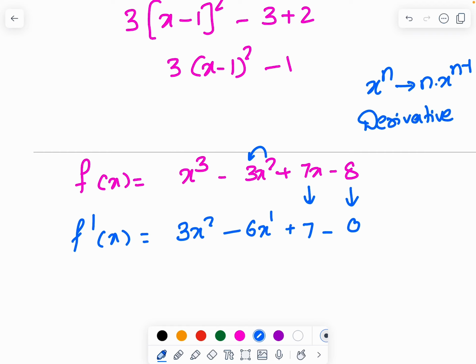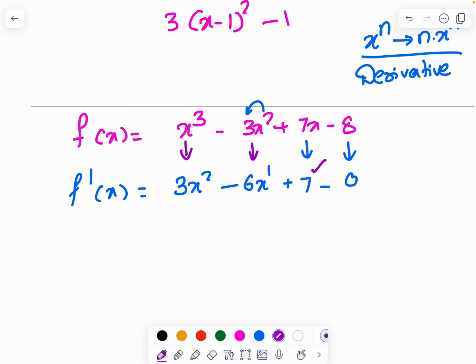If at all you have not done the calculus, leave this part and go to the next question. Or else if you have done the derivatives, you know that x power n derivative is n x to the power of n minus 1. Means bring the power down and power minus 1. So from there, I get x cube derivative as 3x square, 3x square derivative as 6x, 7x derivative is 7, negative 8 derivative is 0. This is f prime x.